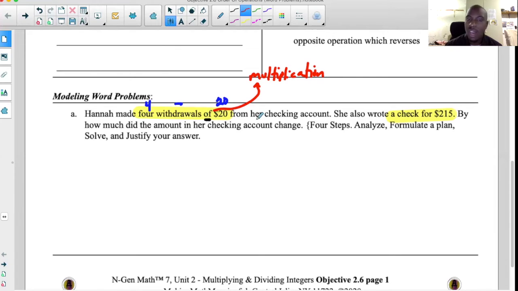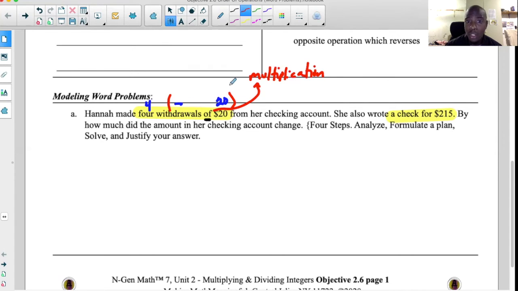Okay, all right. It's letting you know there's multiplication happening here. 4 withdrawals of $20. It's not just 1 withdrawal. It's not just 2 withdrawals. Not just 3 withdrawals, right? So they're telling us that there were 4 $20 withdrawals. So 1, 2, 3, 4. 4 separate withdrawals here, right? Sorry, I meant to put a comma. All right. So since there's 4 withdrawals of this amount of money, I can say that's really multiplication. And that multiplication is going to be shown by using parentheses like this.